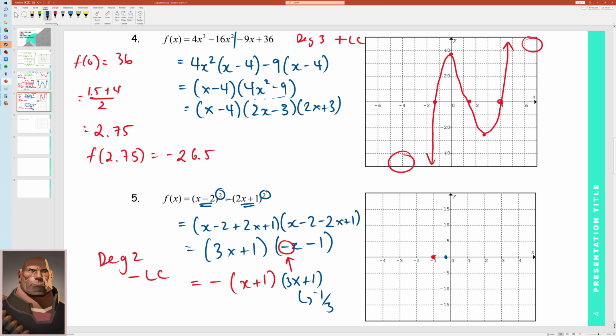All right, where is that turning point located? Halfway between these two, so negative 1, take away 1/3, divided by 2, which is equal to negative 2/3. Okay, that's not that bad. And we have to sub that in, which is a little annoying, but let's do it. So we get positive 1/3 times negative 1/3.